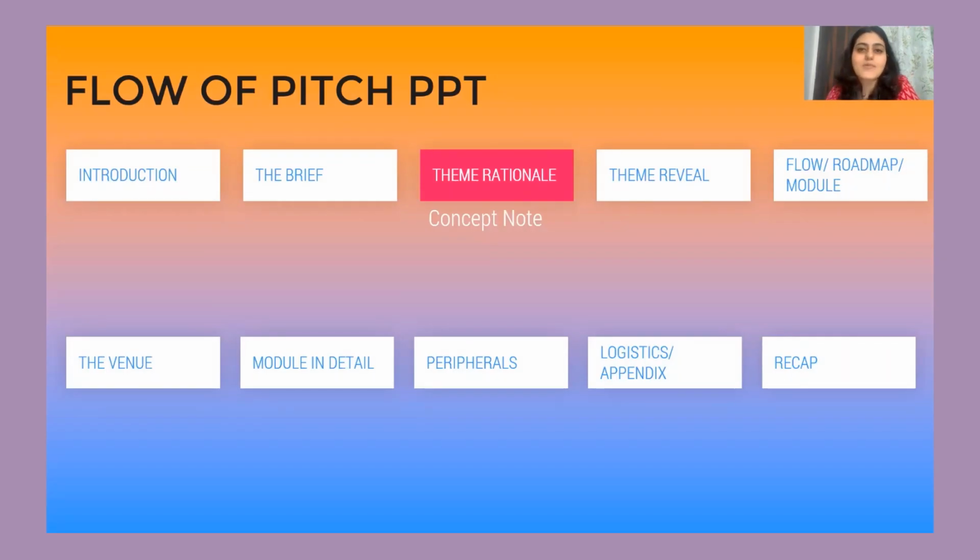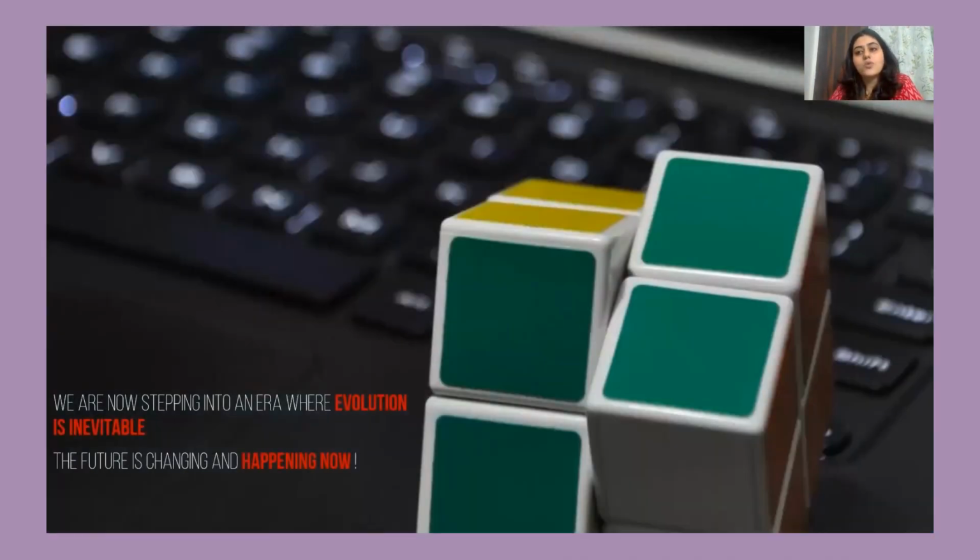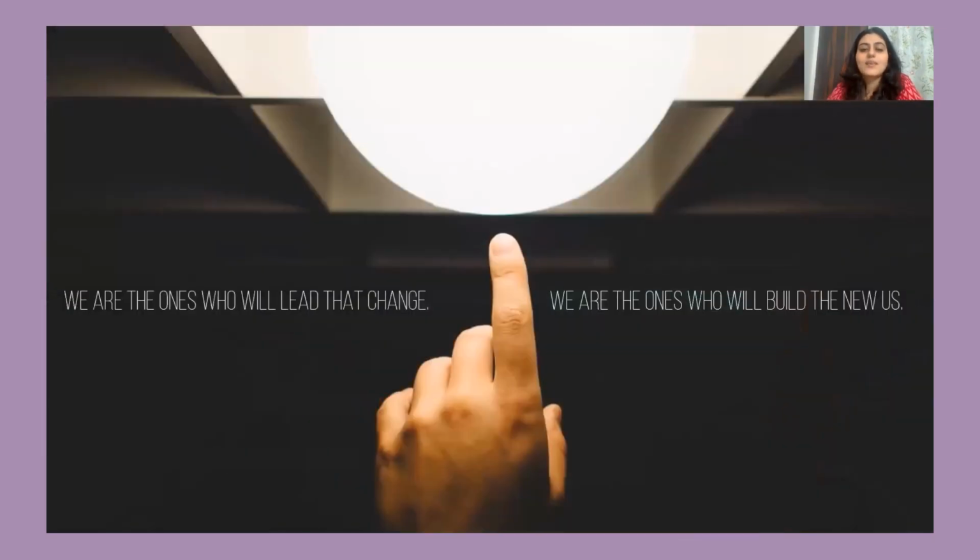To make it impactful, you should use pictures that enhance what you're trying to say. So something like this, where you put down the concept note along with imagery that totally blows your mind, you should try and do that.